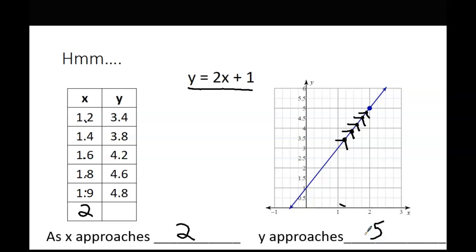Now, you might think that's stupid, and I understand why. Because you're thinking, if I wanted to know what y was when x equals 2, I would have just plugged in 2 and gotten 5. And you're right. But the point is, I'm not talking about plugging in 2 and getting 5. I'm talking about approaching 2, getting closer and closer to 2, causes the y value to approach 5.